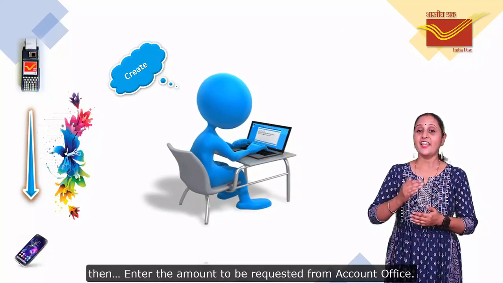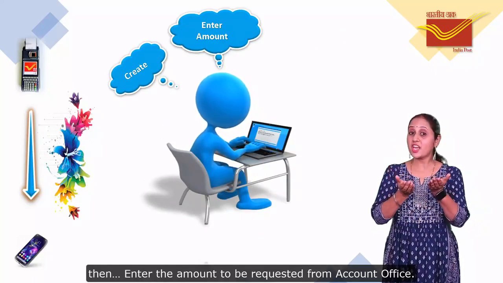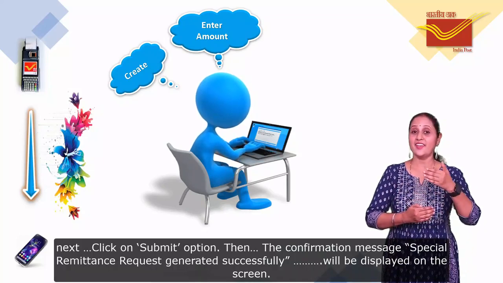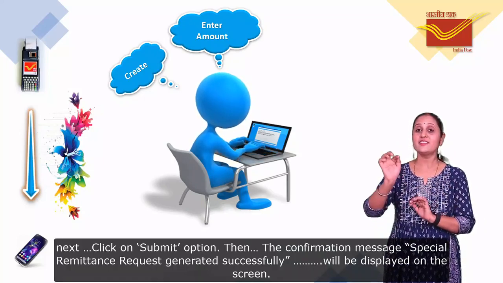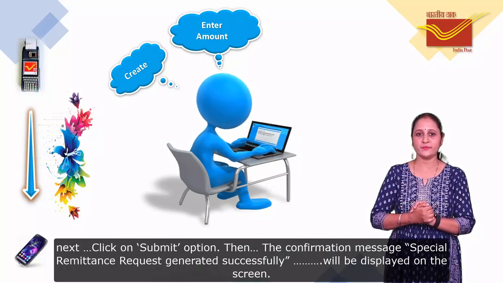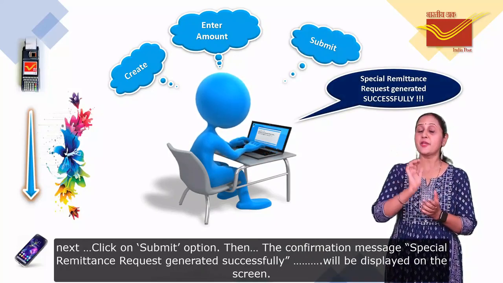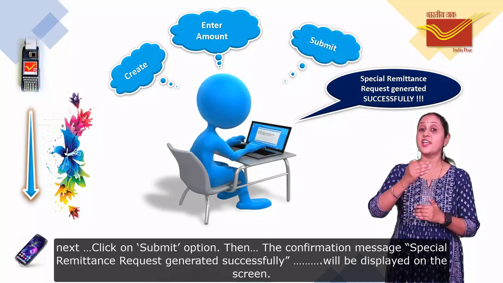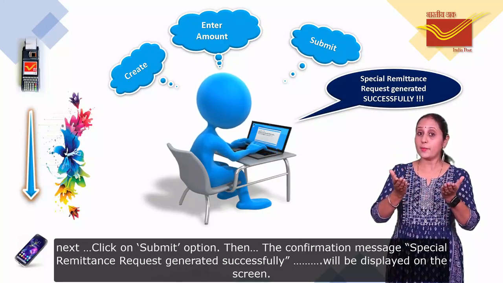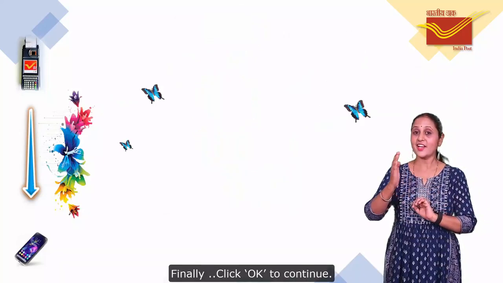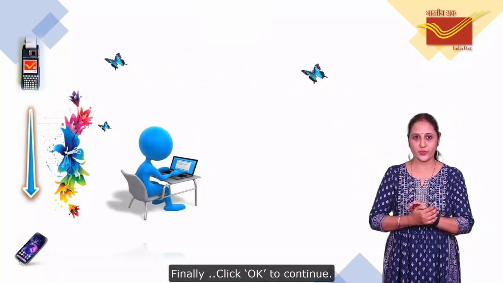Then, enter the amount to be requested from the account office. Next, click on the Submit option. Then the confirmation message, Special Remittance Request generated successfully, will be displayed on the screen. Finally, click on OK to continue.